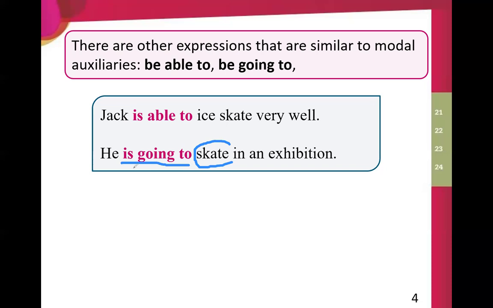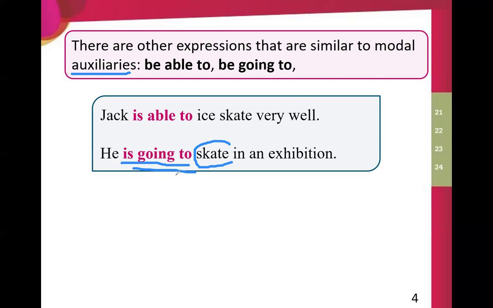So we used this expression as an auxiliary instead of must, instead of will, instead of should, whatever it is, we can use another auxiliary. Auxiliaries means expressions or words that we use with another word and add meaning to the verb.